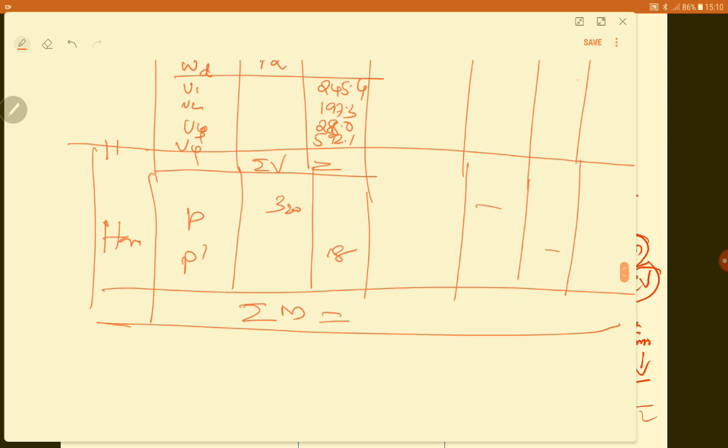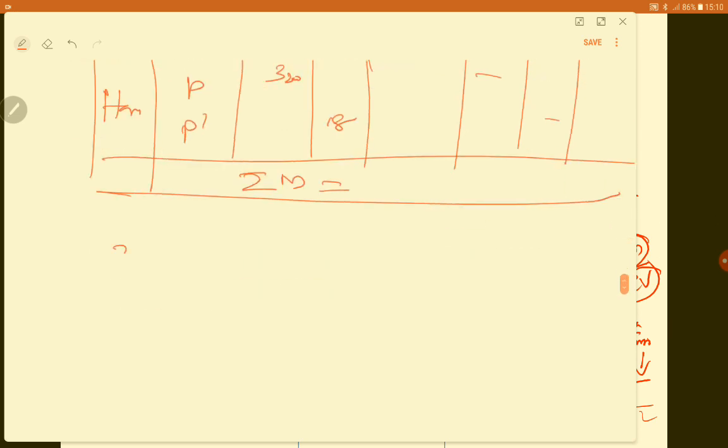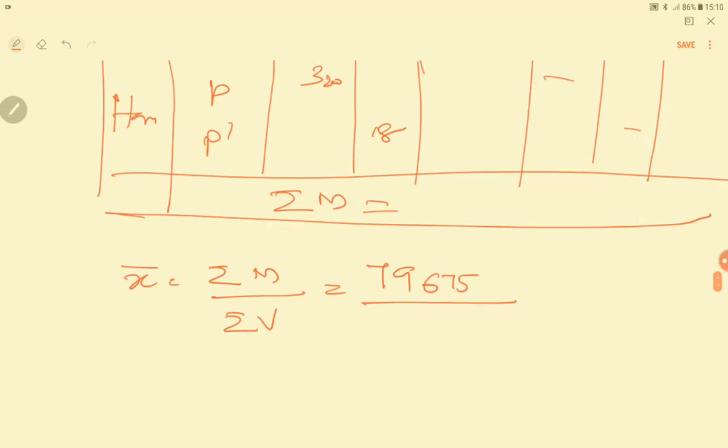The next step will be to find out the x bar value. What is x bar value? X bar is equal to sigma M by sigma V, right? So it will be equal to 79675 divided by 4398.8, which will be equal to 18.12 meters, right?